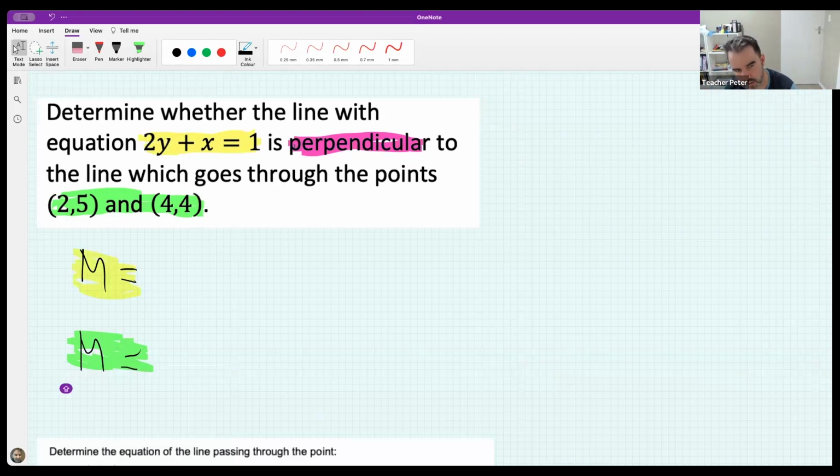How could we get the gradient of the yellow one? Pop it in the chat if you feel like you understand. Okay, so getting the yellow into standard form is the way to go.